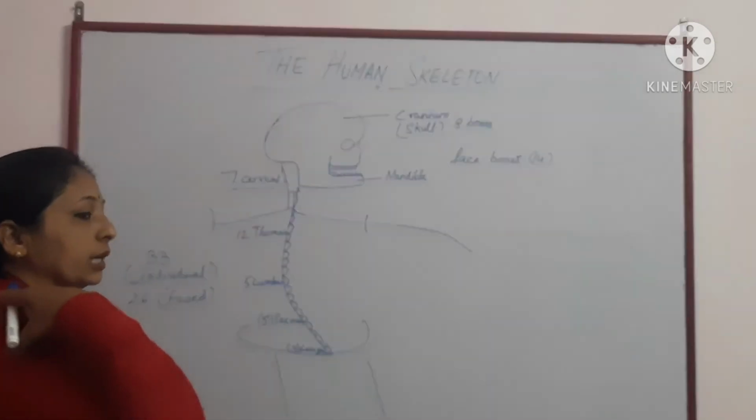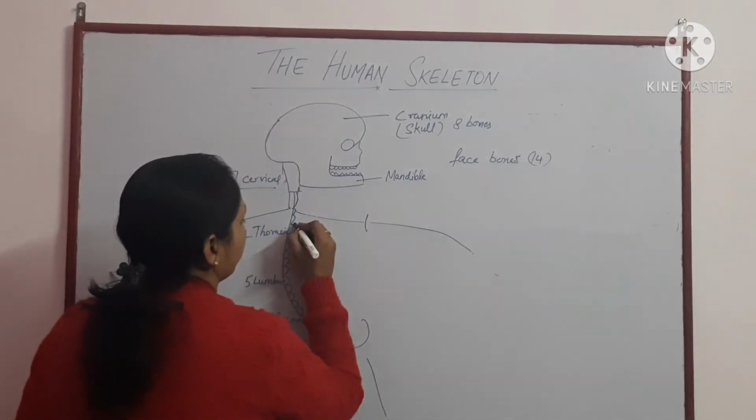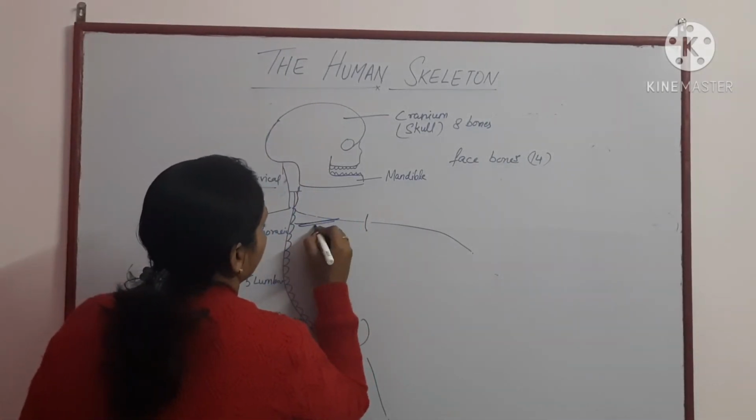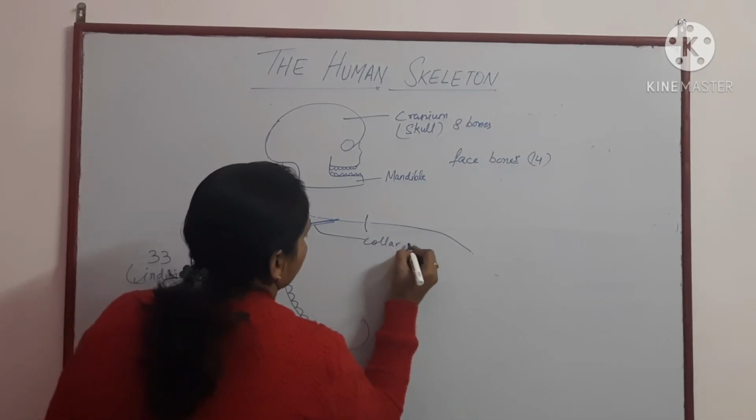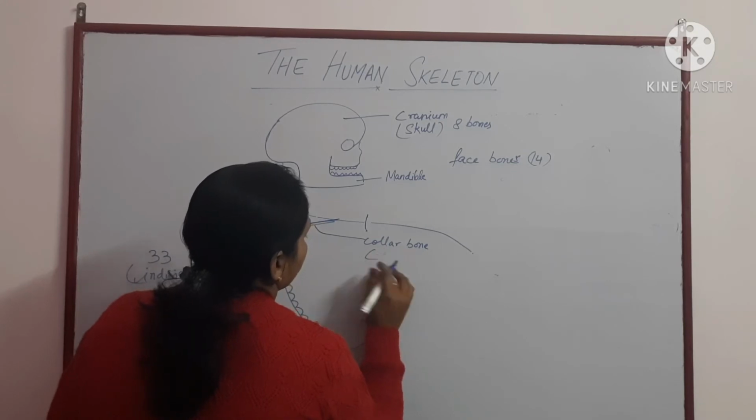Now come to this part. Here this bone is called the collar bone. The name of the collarbone is clavicle.